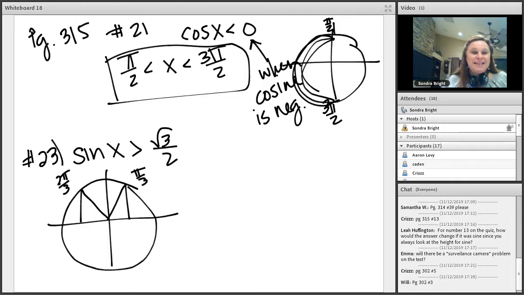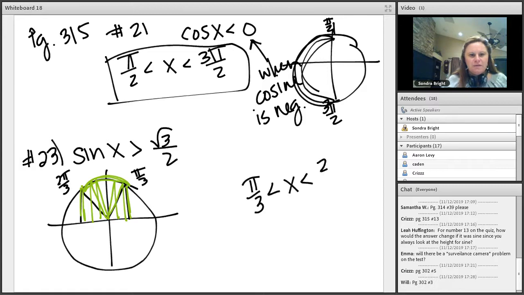Sine of x, that's the heights of your triangle. So these guys, right? And when are your heights larger? Well, there and here and here. They're all taller from here to here. And so your answer is from pi over 3 to 2 pi over 3.